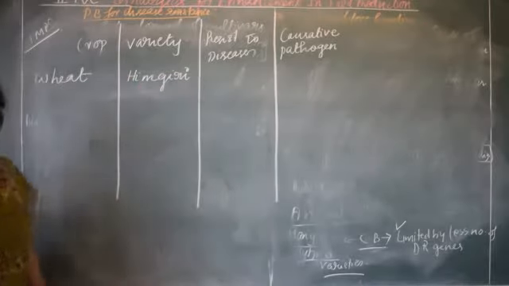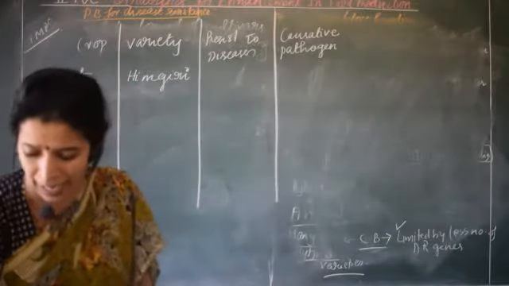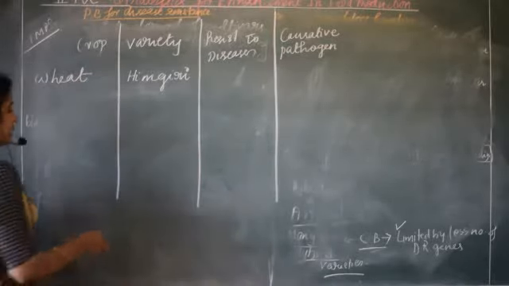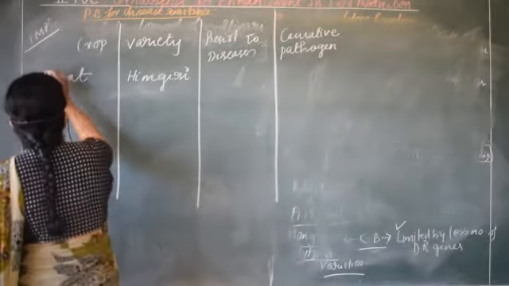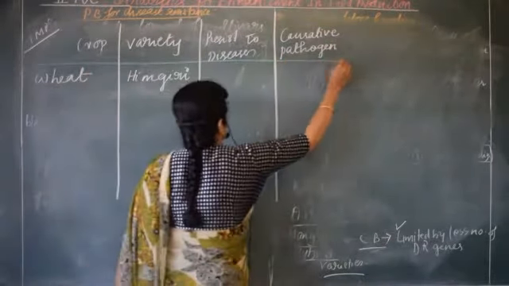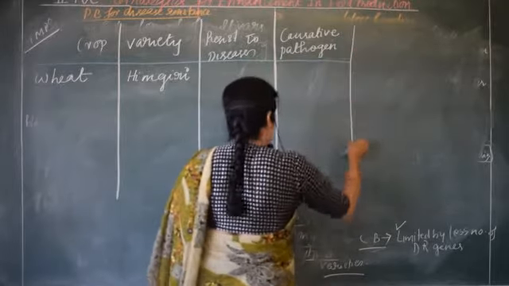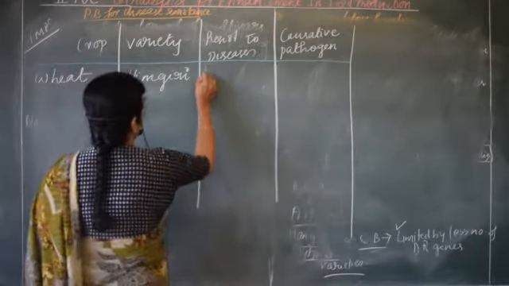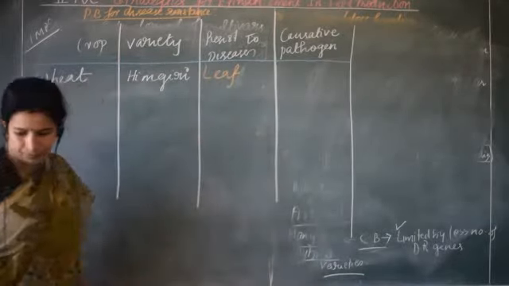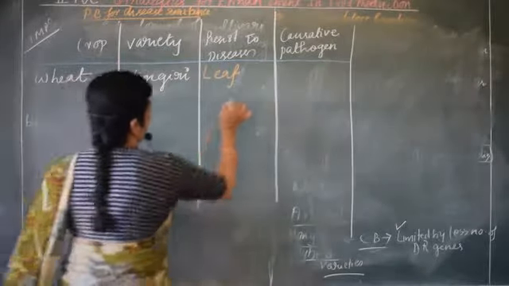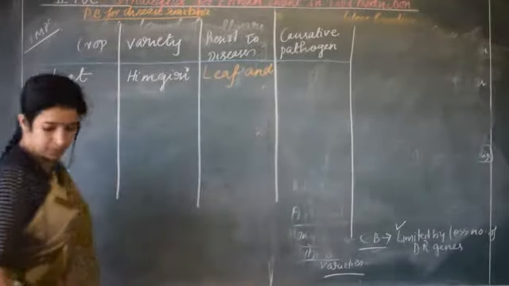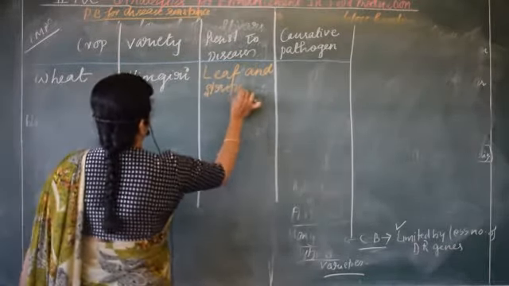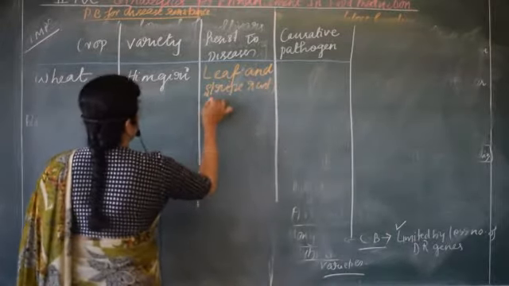This Himgiri variety in wheat is resistant to diseases like leaf and stripe rust and hill bunt. Stripe rust and hill bunt.